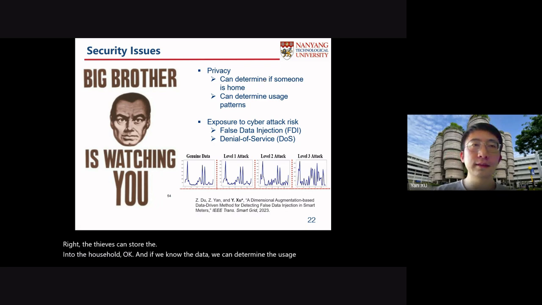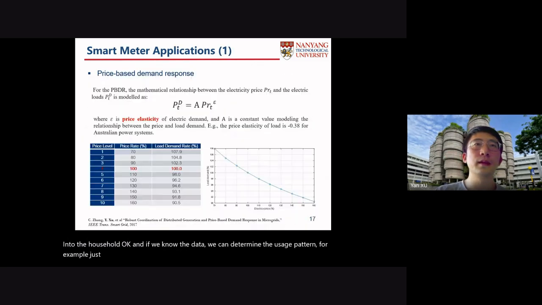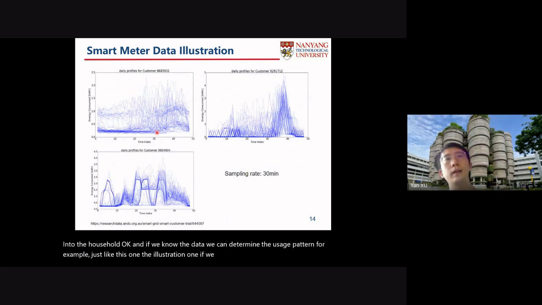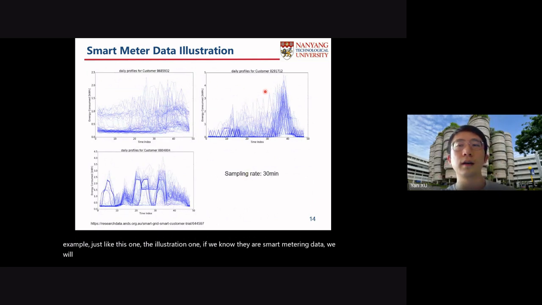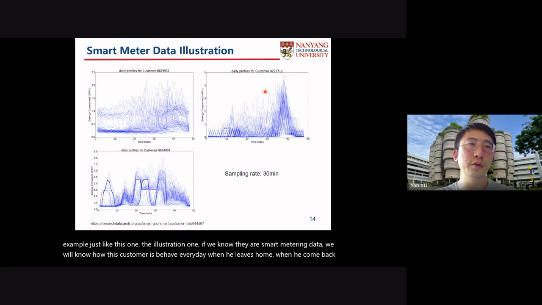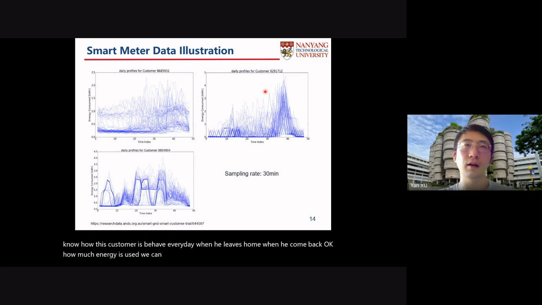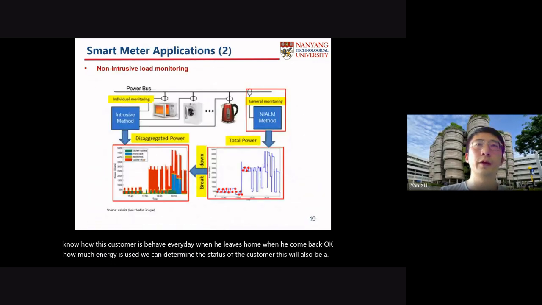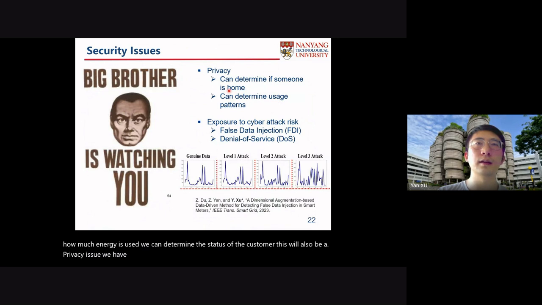For example, in this illustration, if we know their smart metering data, we will know how this customer behaves every day, when he leaves home, when he comes back, and how much energy is used. We can determine the status of the customer.